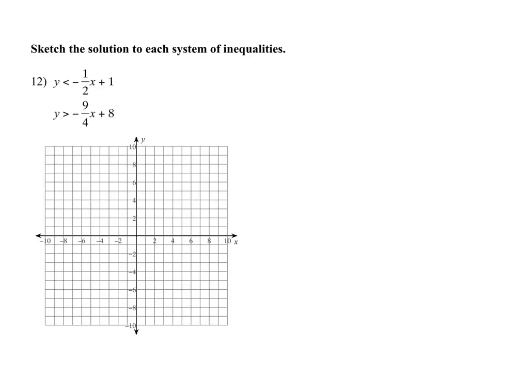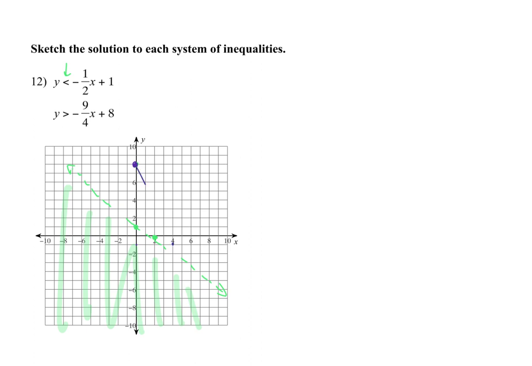All right, how do you graph these? Well, you graph them just like we did our inequalities, right? Start at +1, go down 1 and over 2. It is just less than, so that is a dashed line. Dashed line. And then it is less than, so that means shade below. The second one starts at +8 and goes down 9, so we're going to go all the way down 9 and over 4.